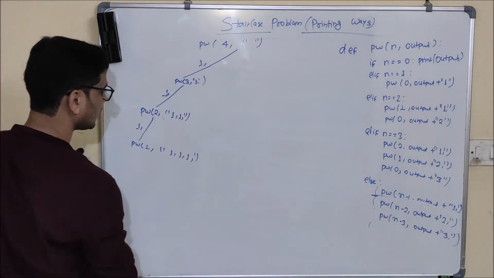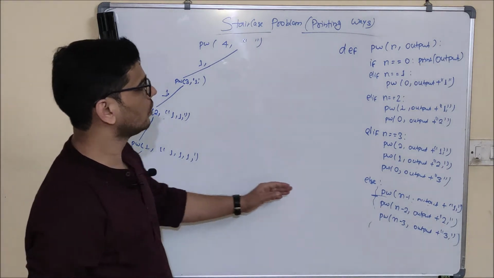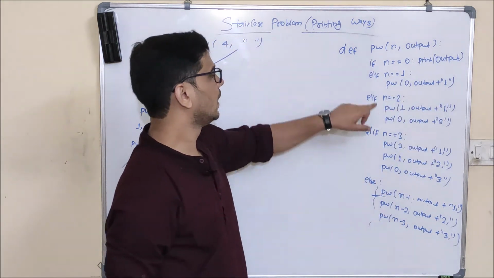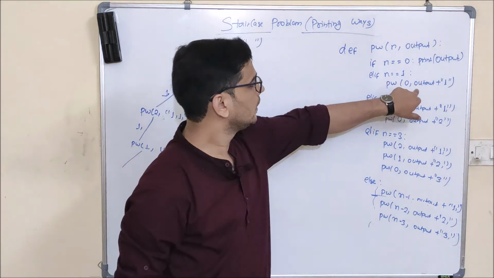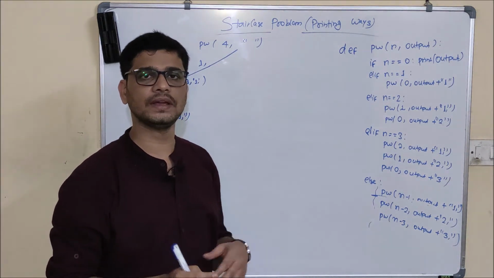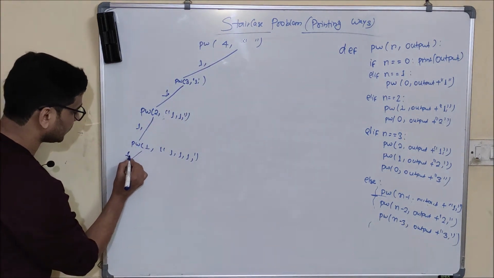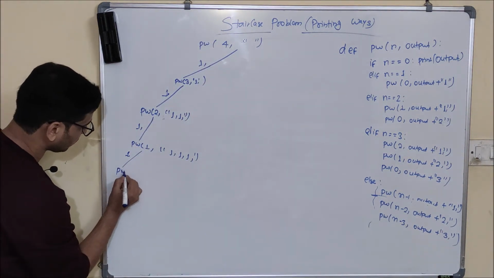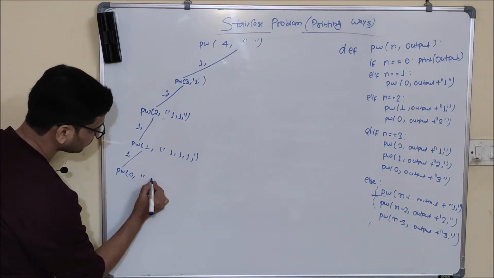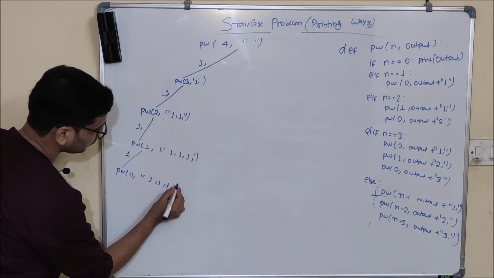Okay, and after that pw1 will go for its own execution, and control will come to this particular line. It will take a 1 step jump, because when we have only 1 step to climb, we can take only a 1 step jump. So we will take a 1 step jump, and make a function call to pw0 comma 1 1 1 1.